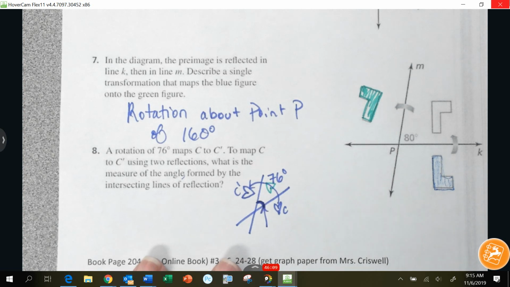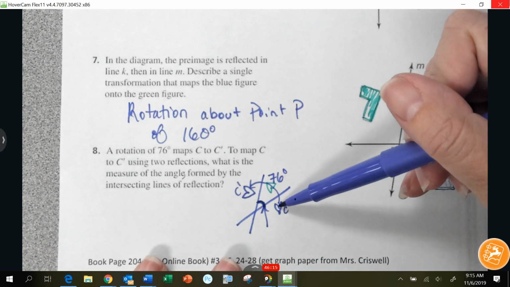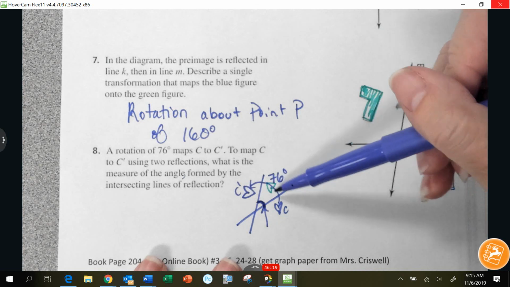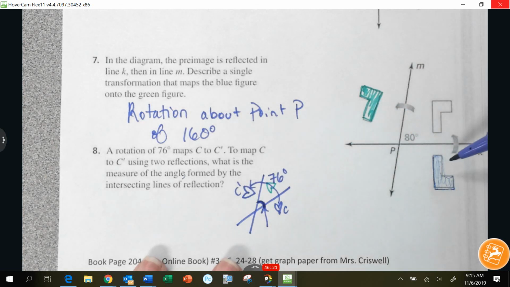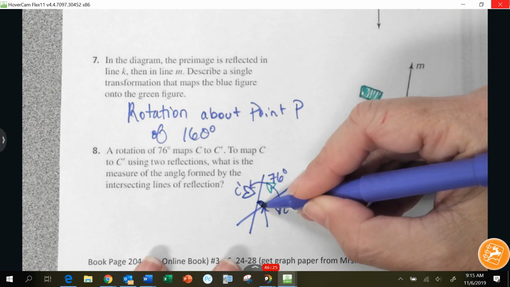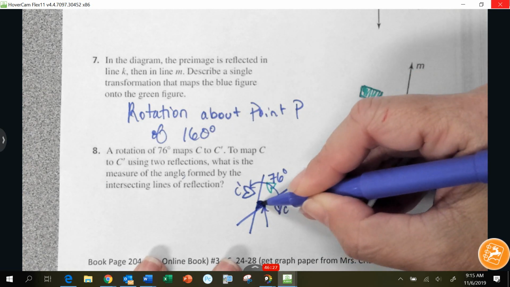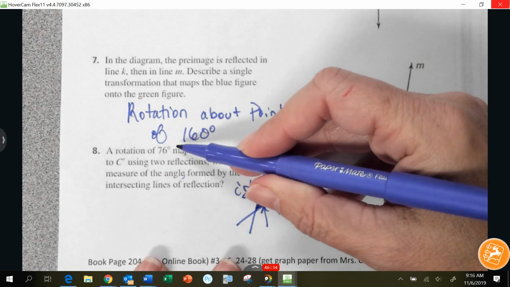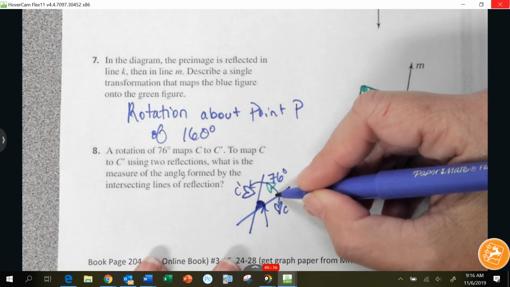Stephen? Yes. So they are telling us the angle that takes the figure from start to finish, or the rotation angle. But if we were going to do it this way, we've got reflection then reflection. What would this angle between the lines be? So I'm looking like 80 degrees would be my answer, but it's not because it's different starting. So that one is going to be 76.